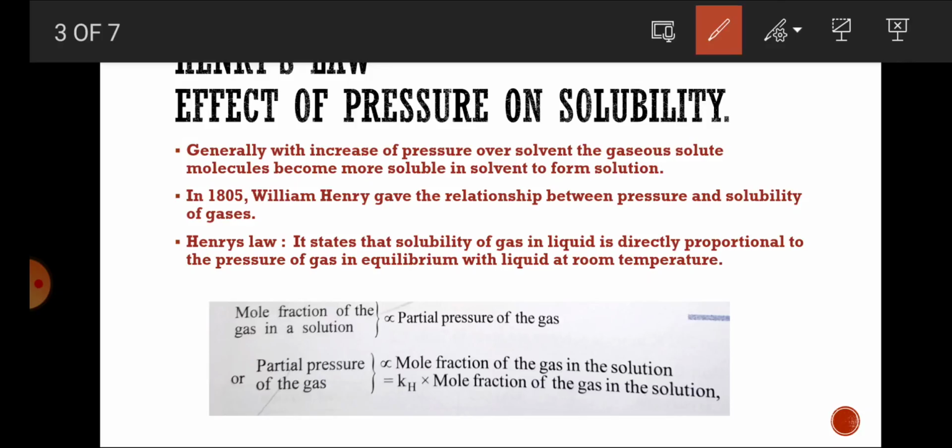Generally, with the increase of the pressure over the solvent, gas molecules are more soluble in the solvent to form the solution.